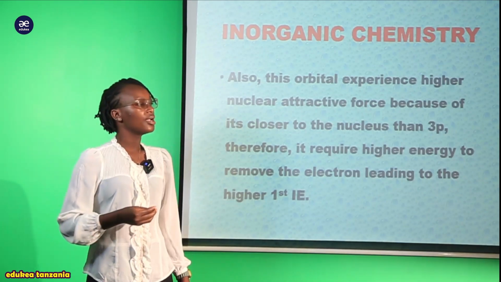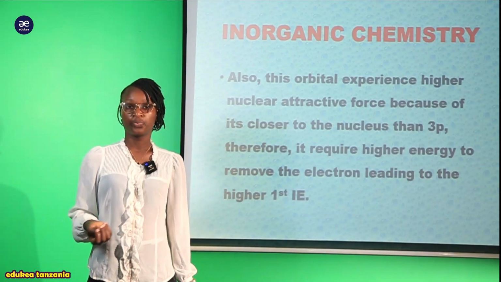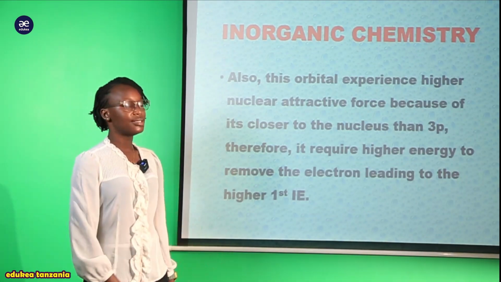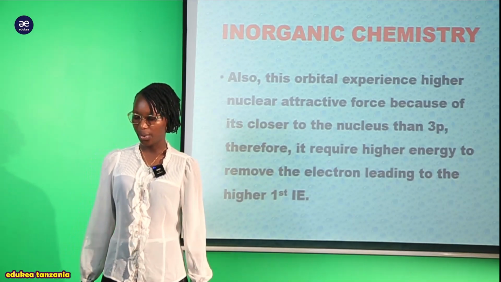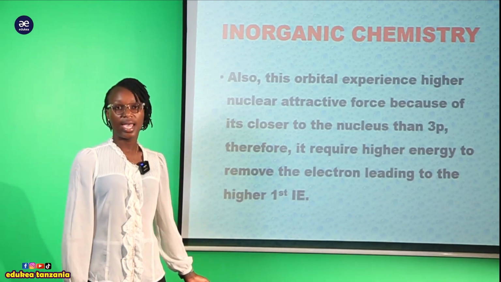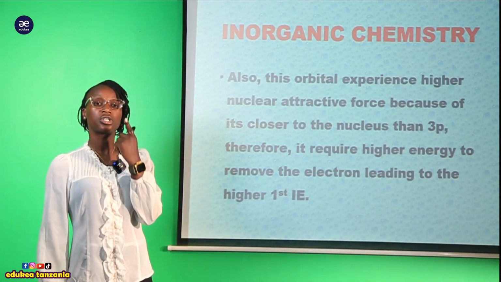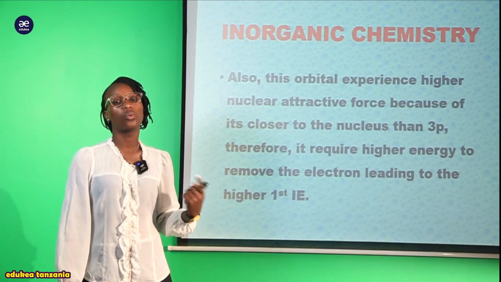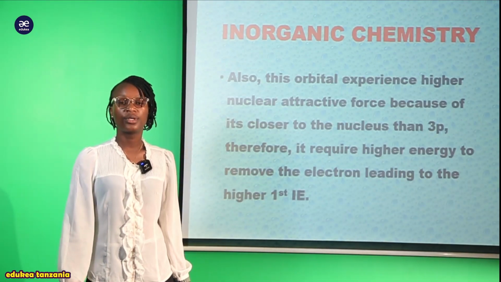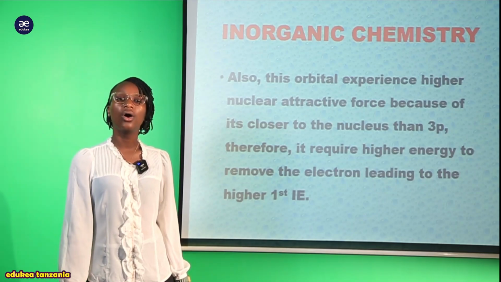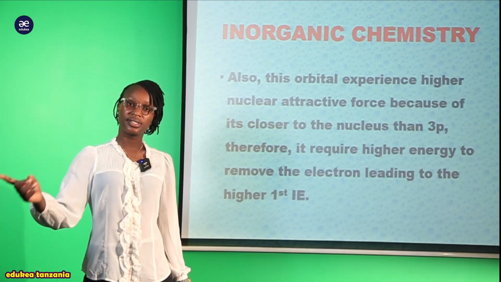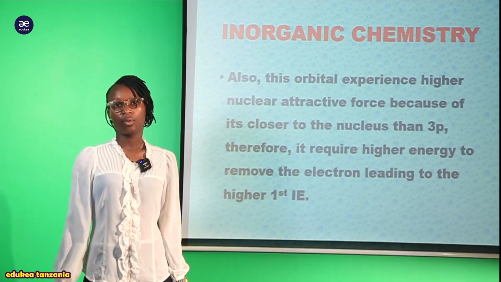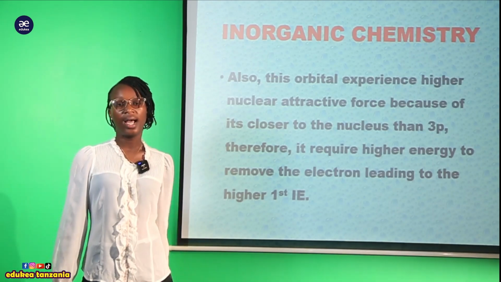Lakini sasa also ilikuwa imeattain ile fulfilled. Kwa hiyo ilikuwa tayari ni stable. That's why there is the higher energy required to remove the first ionization energy. Sasa unaona ni tofauti kidogo. Sisi tumezoea kwamba first ionization energy inakuwa ni lower, kwa sababu ile ambayo ina involve those valence electrons which are loosely held, kwamba always zina experience lower attractive force.